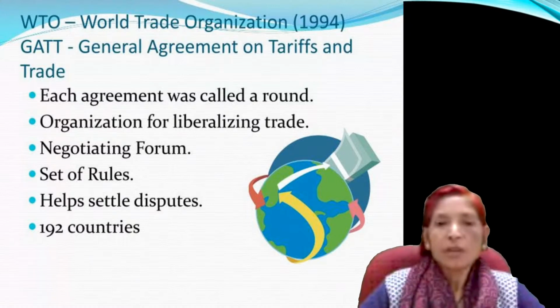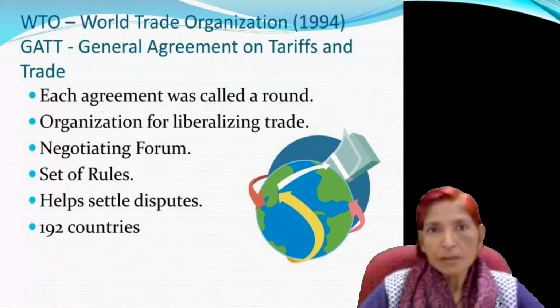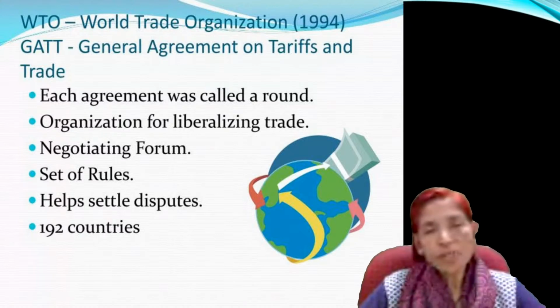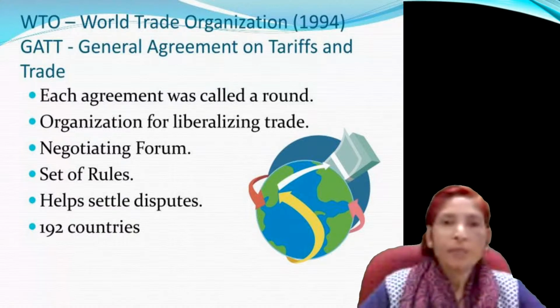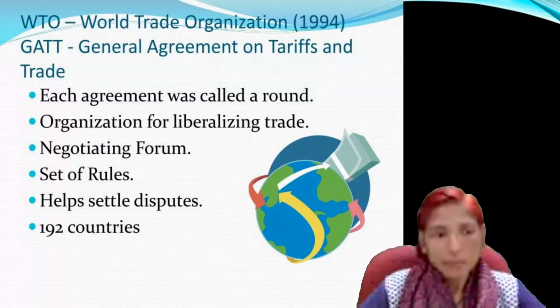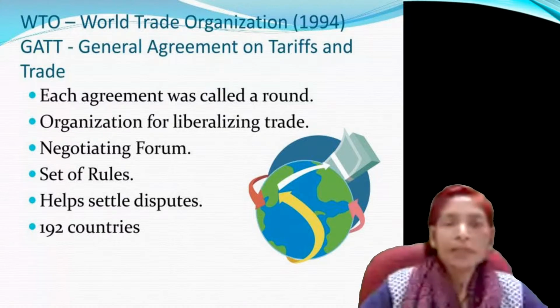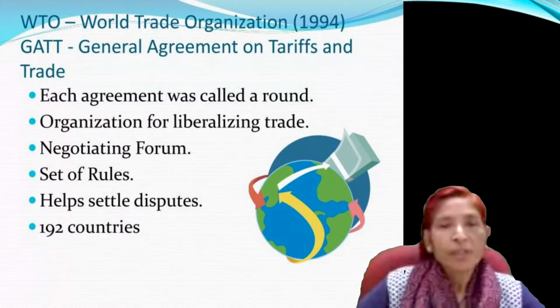It is an organization for liberalizing trade. It provides terms and conditions for doing exports and imports smoothly with the rest of the world. It sets some rules and regulations while doing international trade.